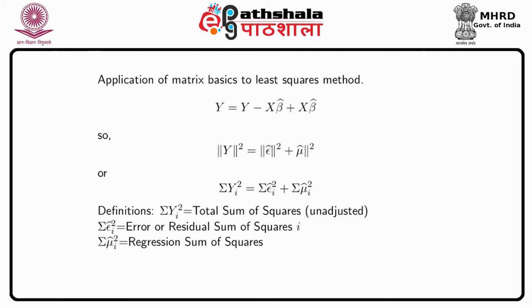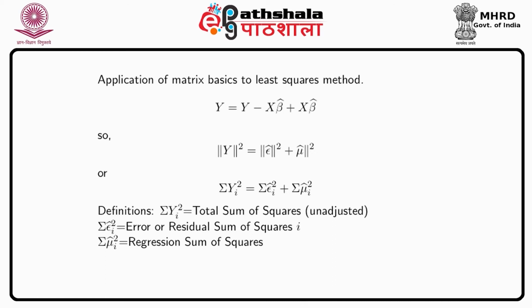So that can be replaced by the error term epsilon hat plus mu hat, which represents the mean value of y estimated by x beta hat. So the squared length of the vector y equals the squared length of epsilon hat plus the squared length of mu hat, because we have seen previously that they are all orthogonal to each other.